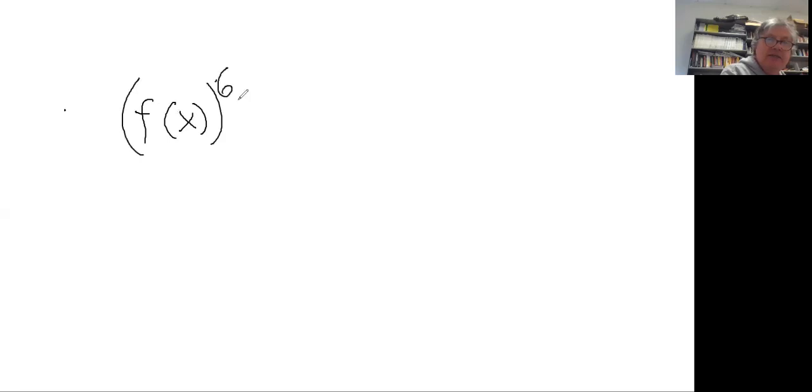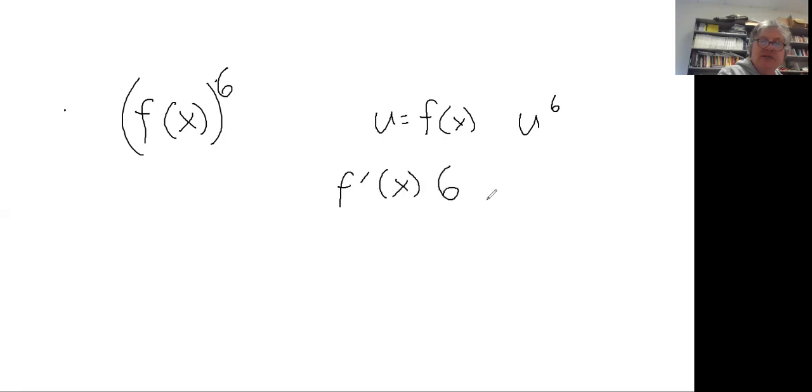Question 2, we were asked, you've got f of x to the 6, and so if you take the derivative of that, you just let u equal f of x, and you've got u to the 6. So multiplying those derivatives together, you get f prime of x times 6u, which is f of x to the 5th, right?